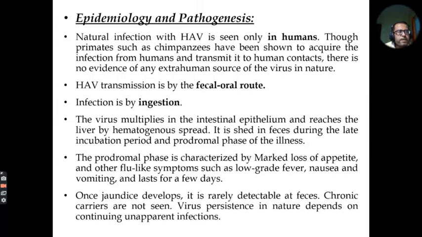This is another kind of monkey which can be artificially infected with hepatitis A virus. When we infect these animals, they can act as a source and transfer this infection to human beings, and from human beings it can transfer to other human beings.